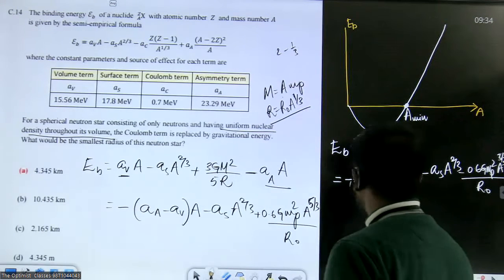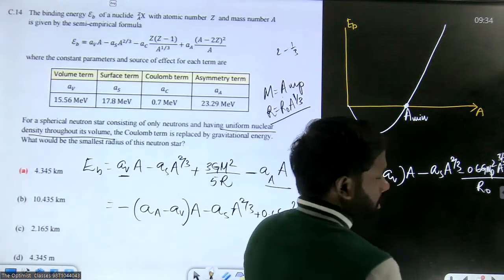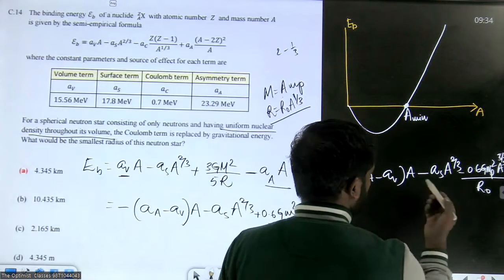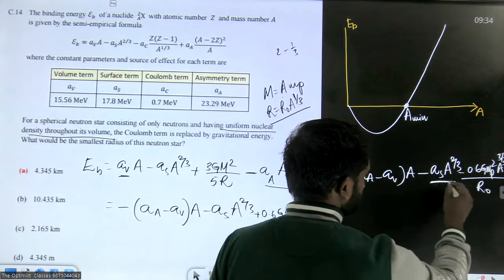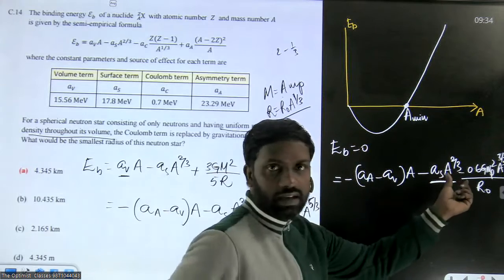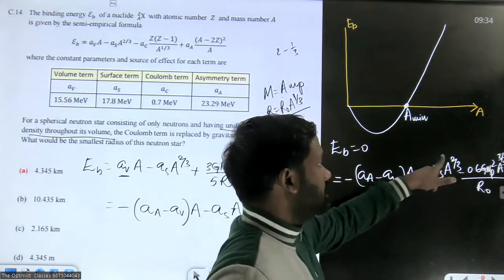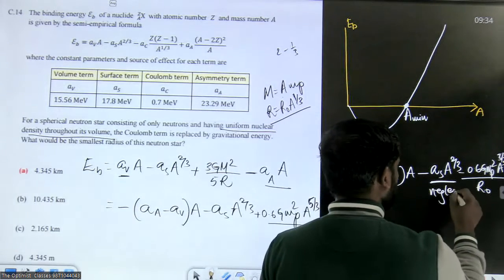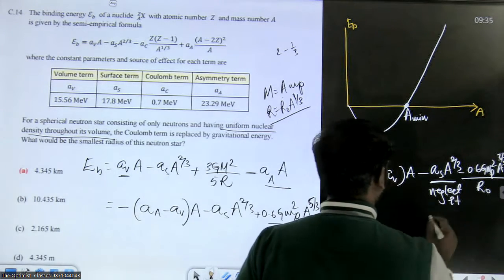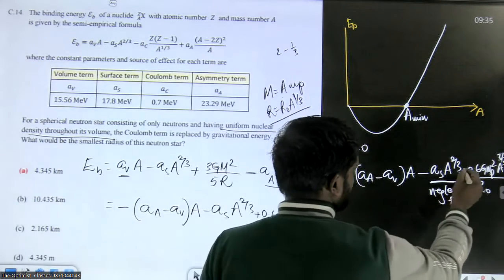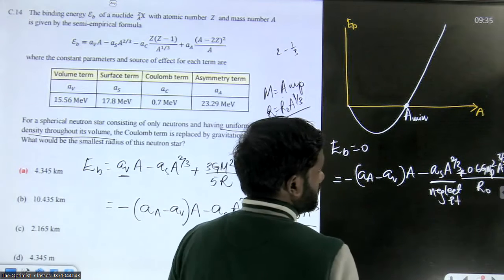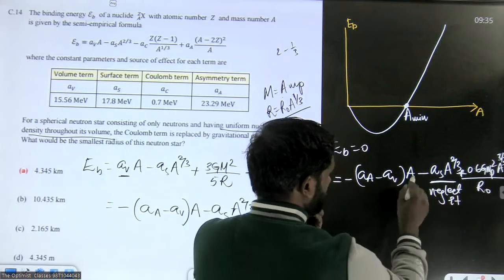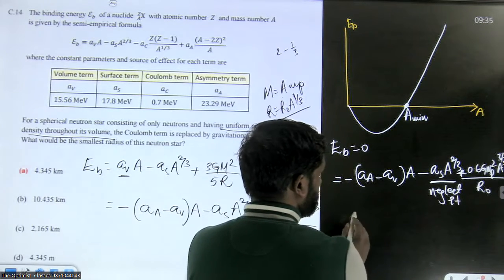To make the calculation simple, let us neglect this term. This term has the least power of A, less than 1 power. This term is actually positive, so to make the calculation simple, we neglect it.